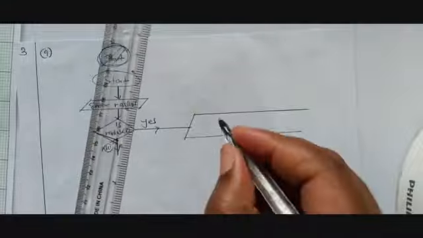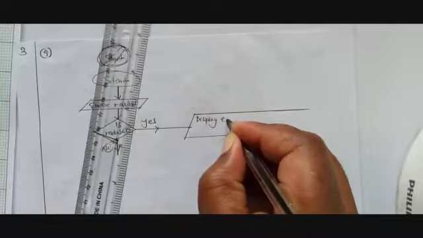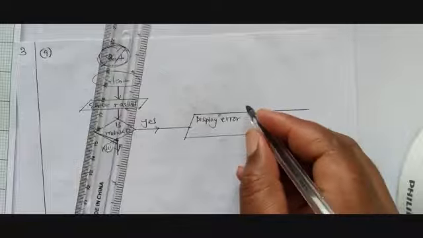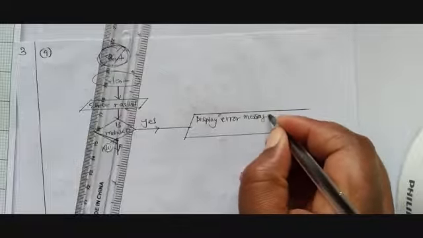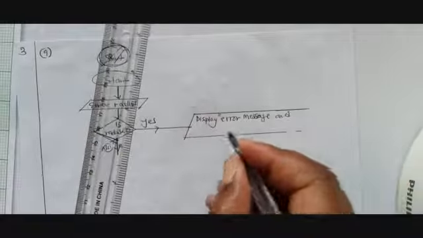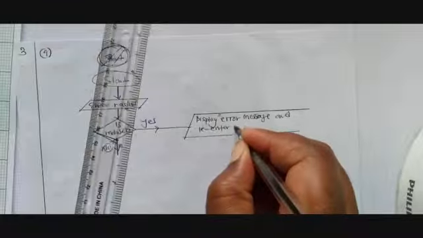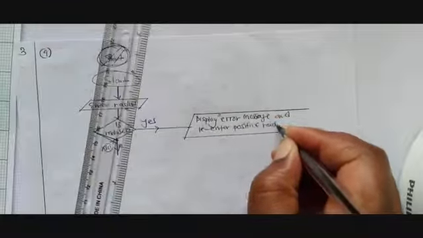We are saying display error message and re-enter positive radius.